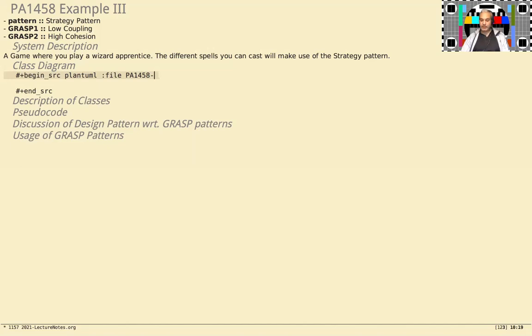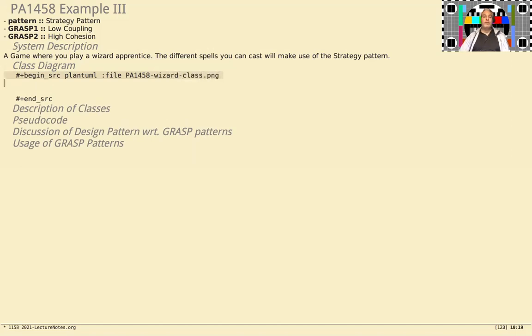What should I call it? Something like that. Right. If you remember the strategy pattern, we have one class that is the context or the owner of the strategy pattern.